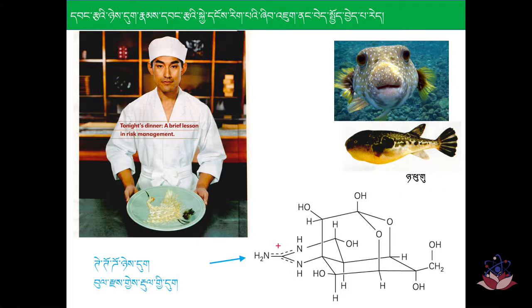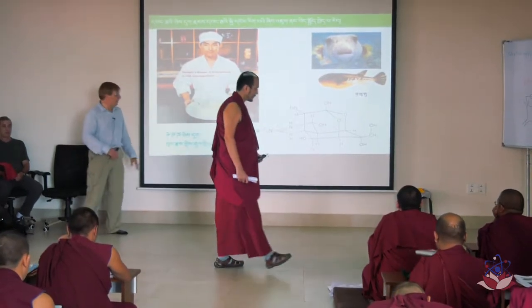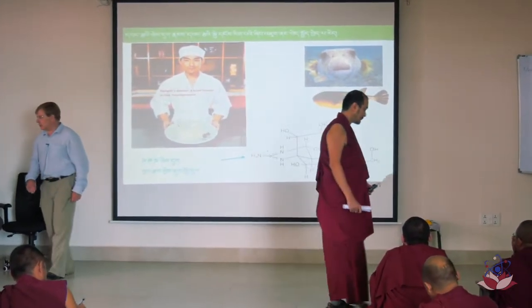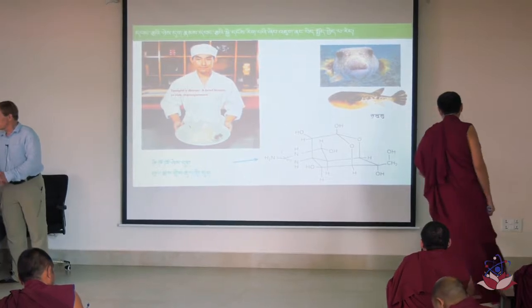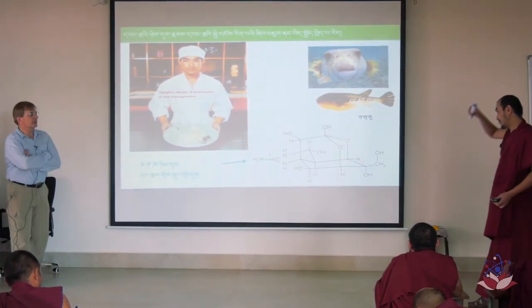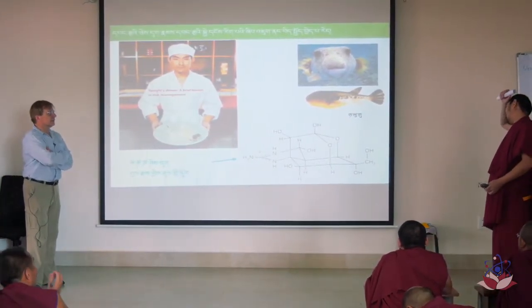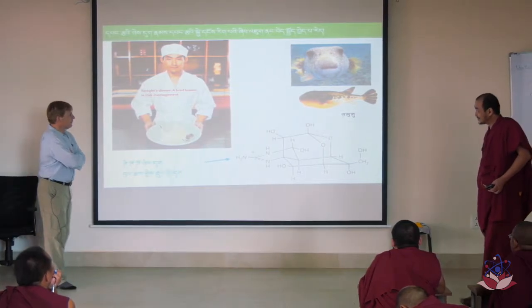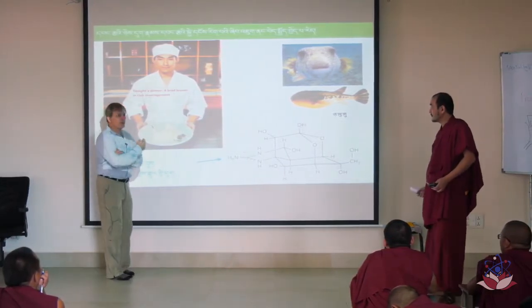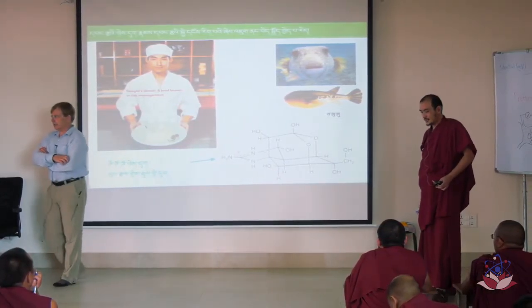So this is an example of a fish that's poisonous. This is fugu. And fugu is poisonous because it contains an element called tetrodotoxin. And tetrodotoxin is poisonous because it blocks the sodium channels.